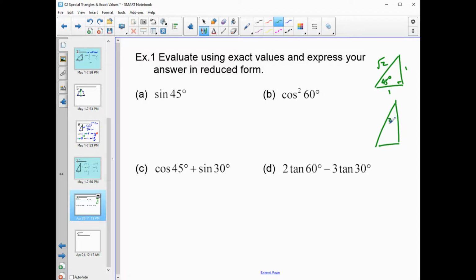And my 30-degree, 60-degree has 1, 2, root 3, and that has a right angle. So the sine of 45 degrees, you don't have to do this stuff by trying to picture them mentally. You can write things down. I actually encourage you to do this.